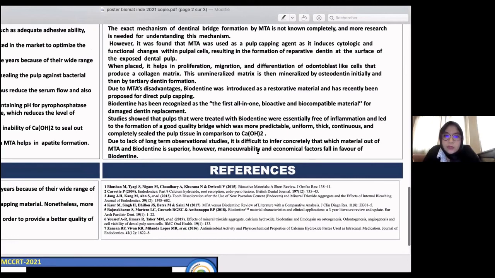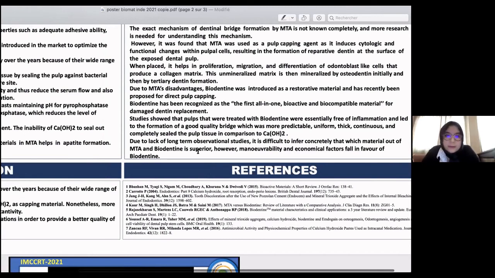Due to lack of long-term observational studies, it is difficult to infer concretely which material out of MTA or biodentin is superior. However, maneuverability and economical factors fall in favor of biodentin because its cost is less than MTA.